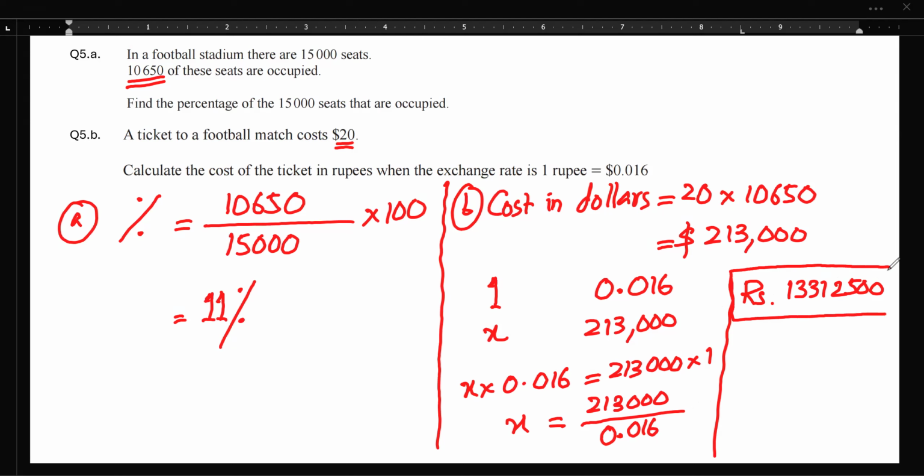This is the amount they will earn after selling the 10,650 tickets in rupees, whereas in dollars the amount they earn is this much. Please note it carefully.